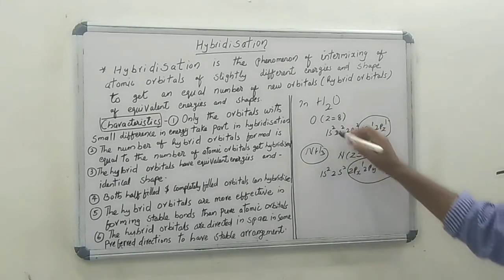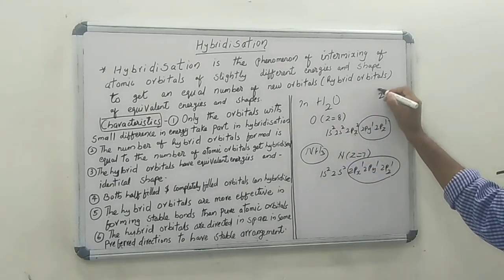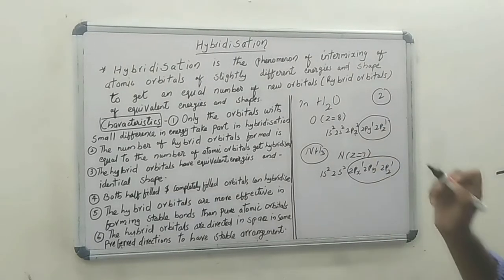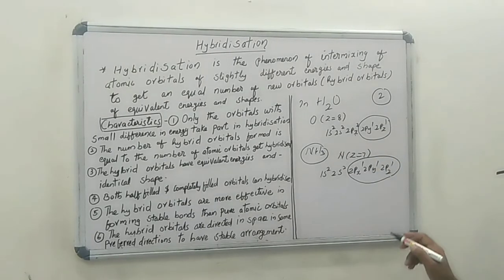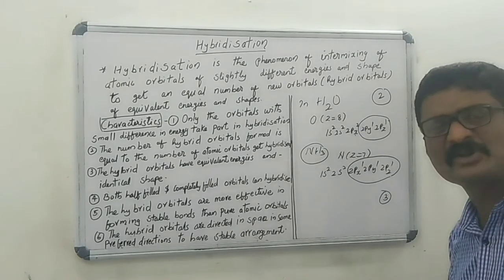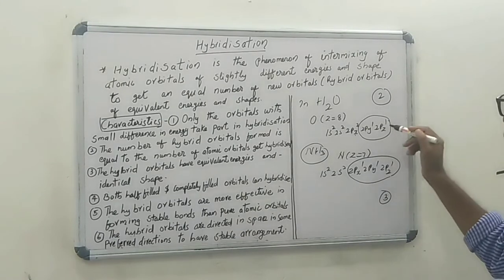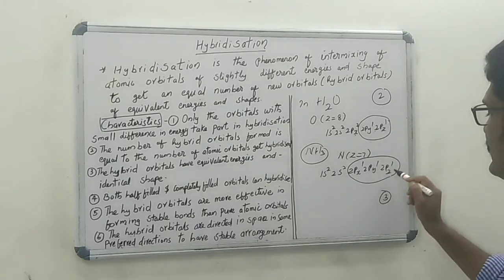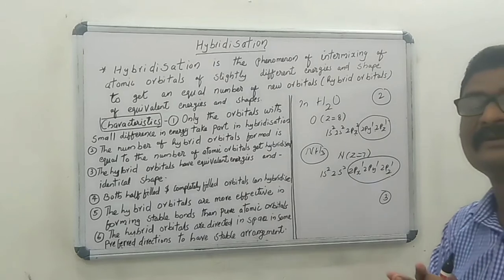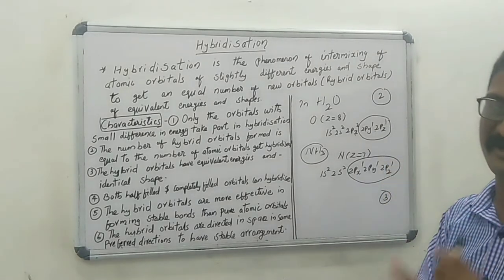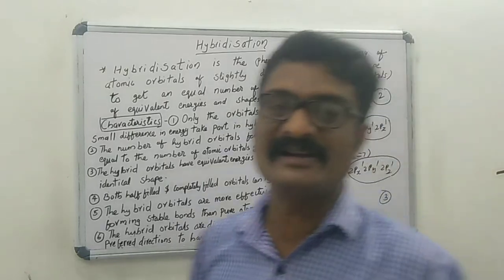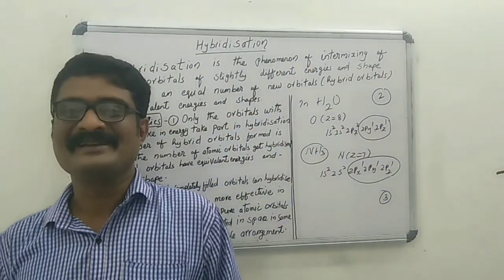In water the covalency of oxygen is 2, in ammonia the covalency of nitrogen is 3. That means the covalency is the number of half-filled atomic orbitals taking part in bond formation.